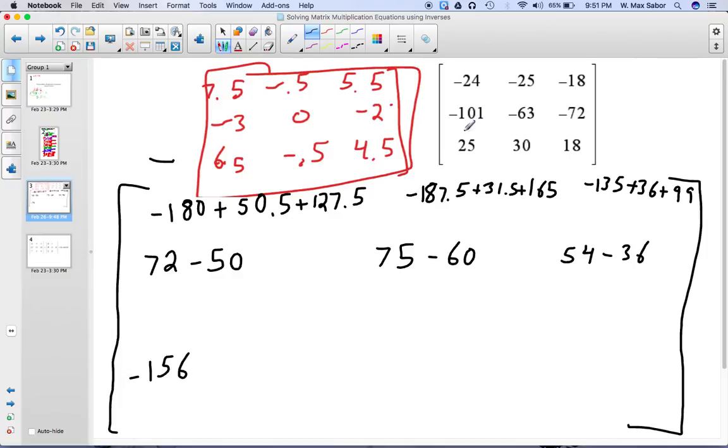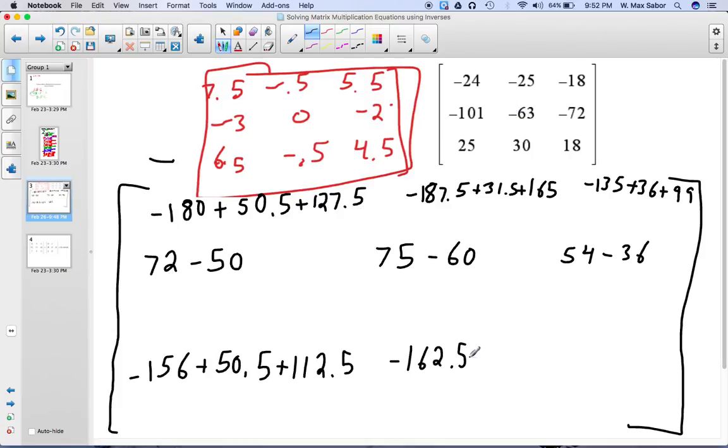Negative 0.5 times that is 50.5. 4.5 times that is 112.5. 6.5 times negative 25 is negative 162.5.